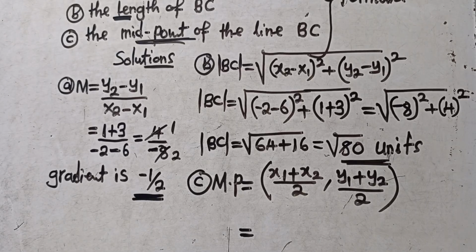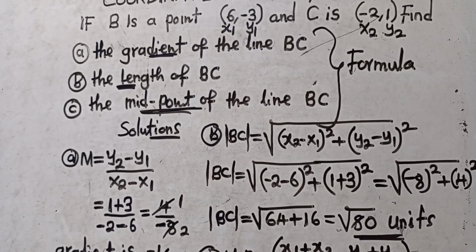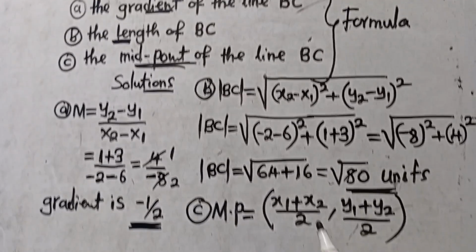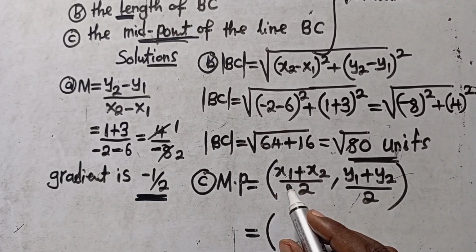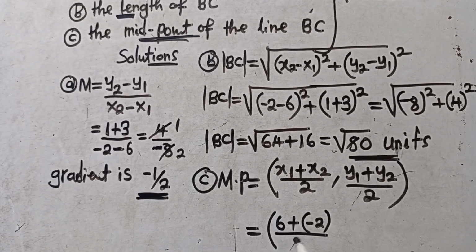This is a particular formula where I say this is equal to: what is x1? I go back to what I'm given on top there. x1 is 6, x2 is -2. So x1 is 6 plus x2, which is -2, over 2. What is y2?